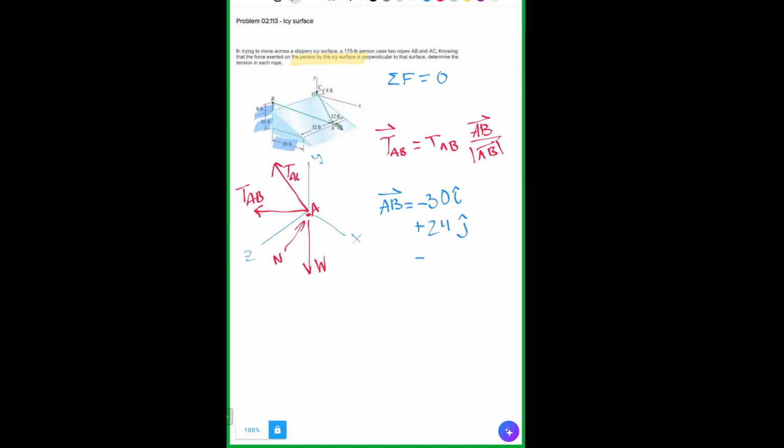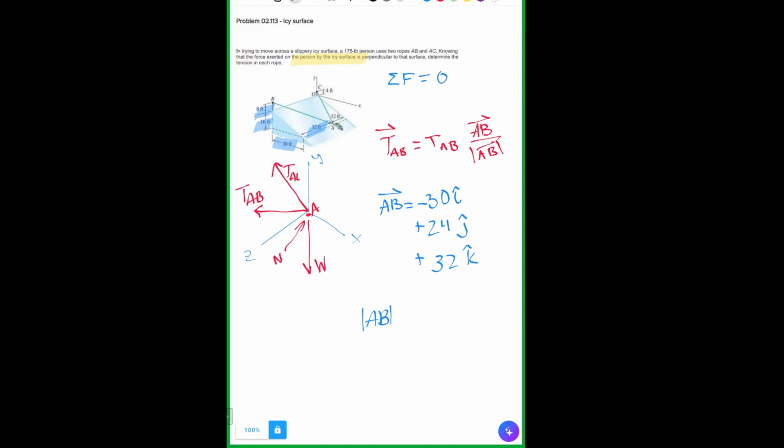And then lastly, we have our z direction, which is just the 32, so we have 32k. We can then use the direction vector to also find the magnitude.